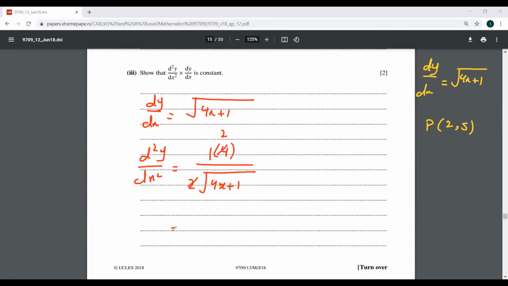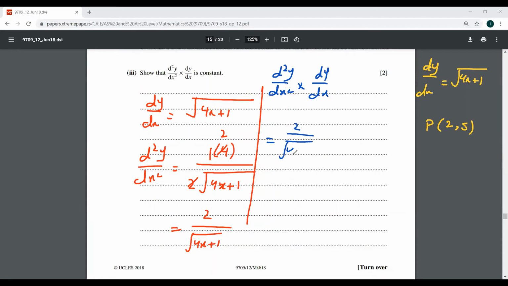Okay, so this is 2 over under root 4x plus 1. Now let's multiply them together. So d2y by dx squared times dy by dx. So this is 2 over under root 4x plus 1 times under root 4x plus 1. Cancelled out. So yes, we have proved that this is a constant.